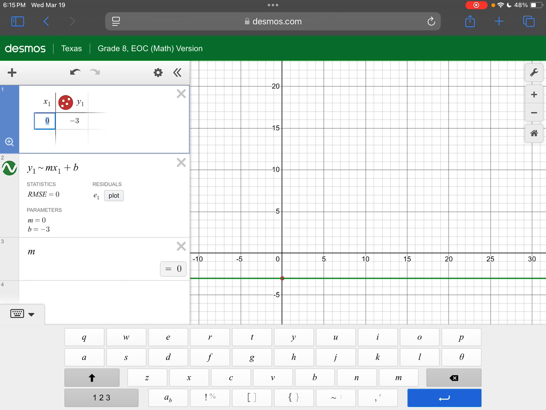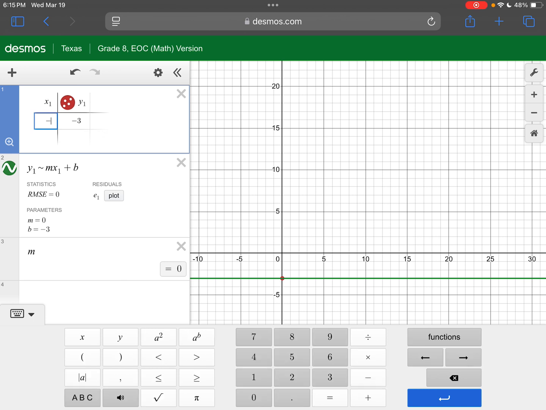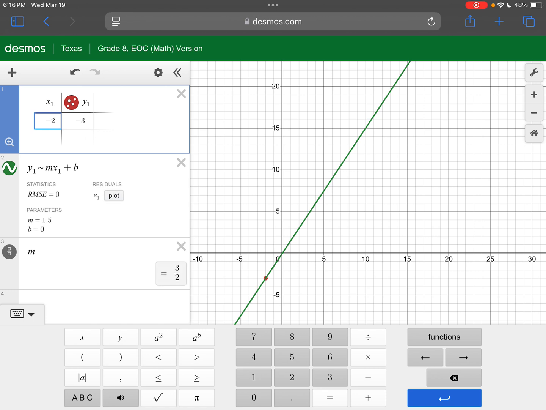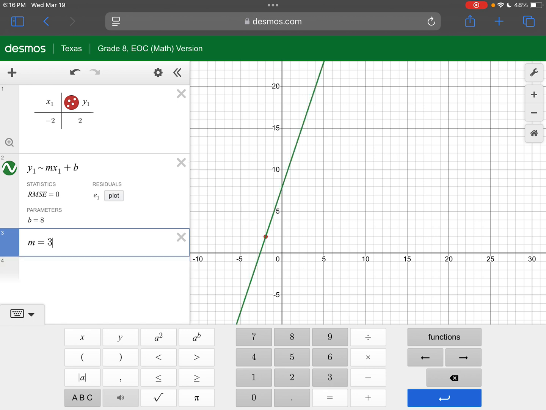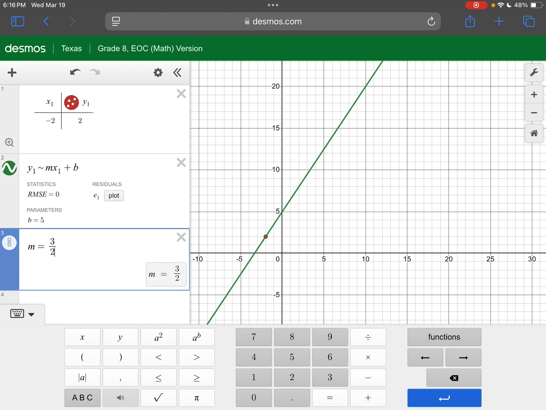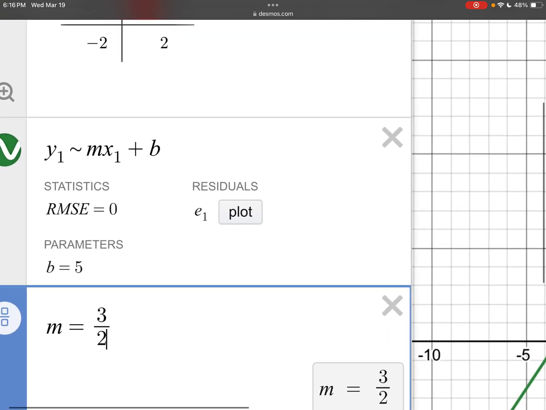One of my points is negative 2, positive 2, and my m equals 3/2. So I'm going to put 3/2. If I look, it actually gives me my B value.